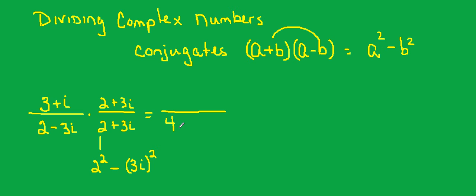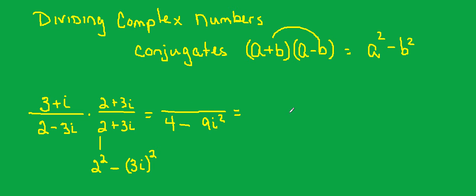3i squared is going to be, let's see, minus for now, and then 3i squared is going to be 9i squared. i squared is negative 1, and negative 1 times negative 9 is positive 9. So this becomes positive 9.